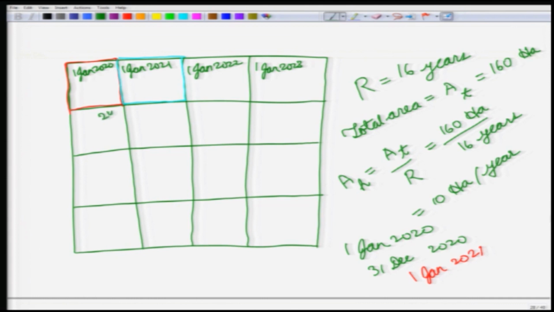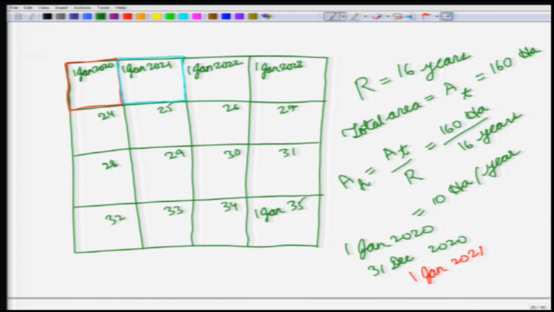So, this section was felled on 1st of Jan 2035.